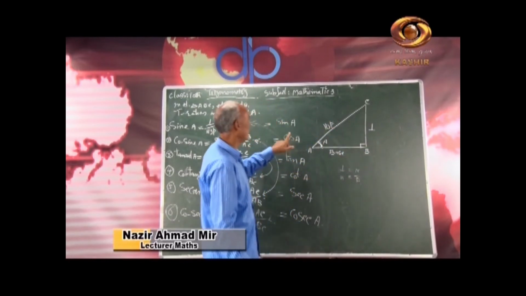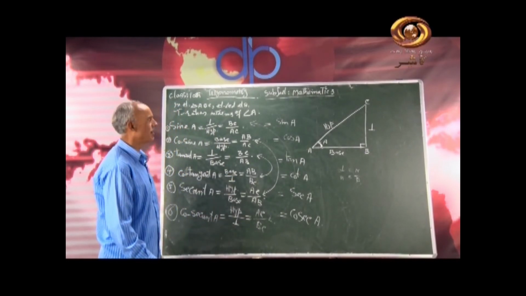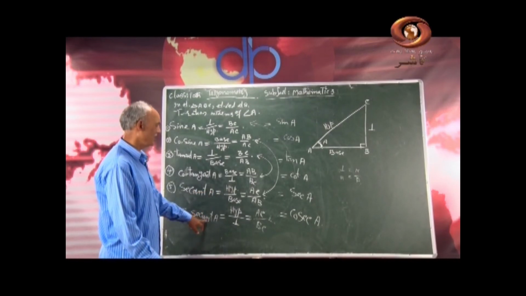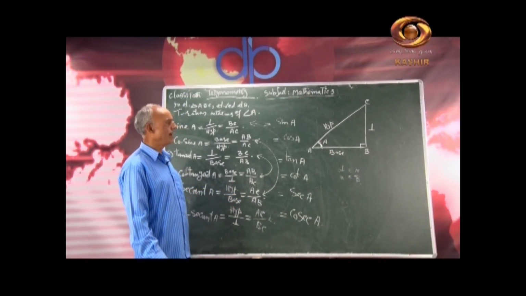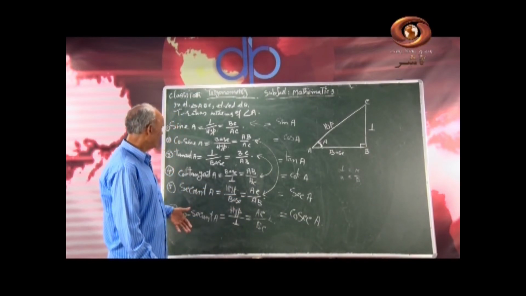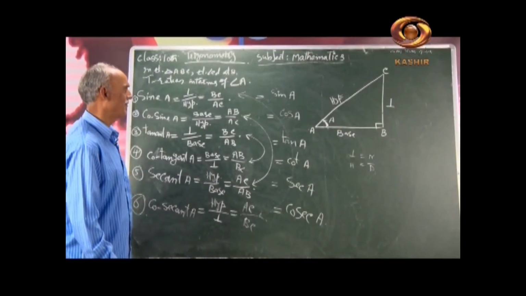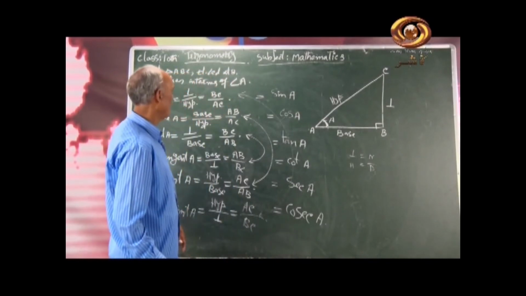So sin theta and cos theta are always less than 1. But sec and cosec have hypotenuse in the numerator, and base or perpendicular in the denominator. So they are always greater than or possibly equal to 1.